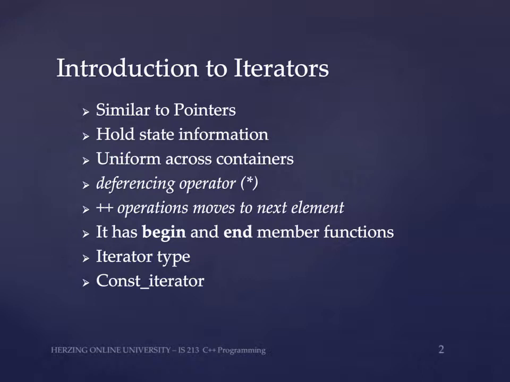An object of a container's iterator type refers to a container element that can be modified. An object of a container's const iterator type refers to a container element that cannot be modified.